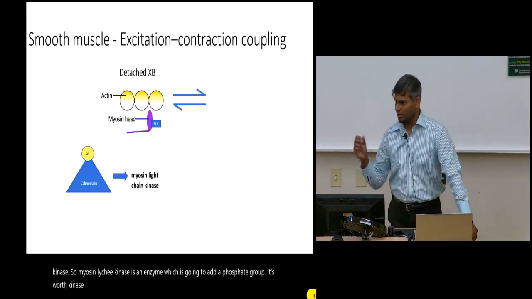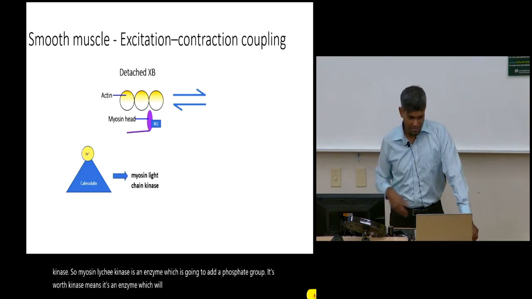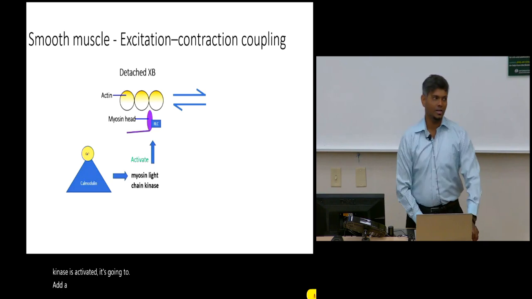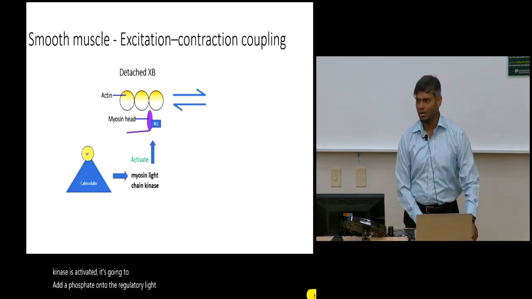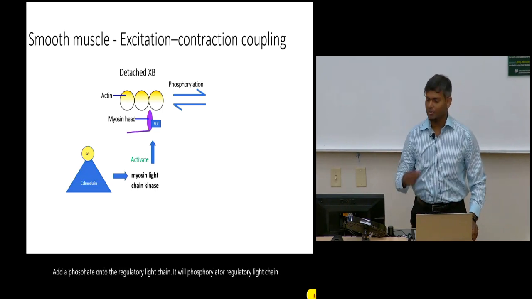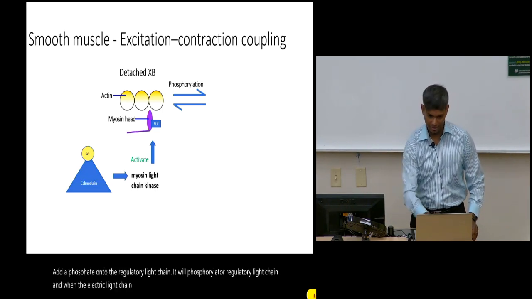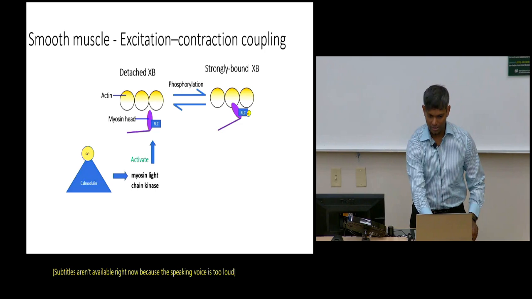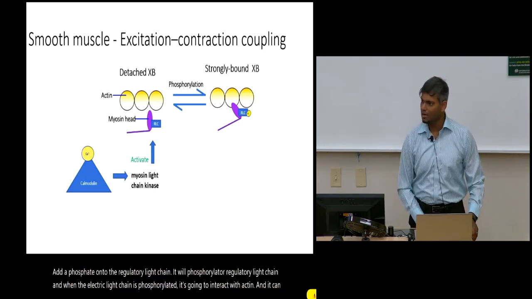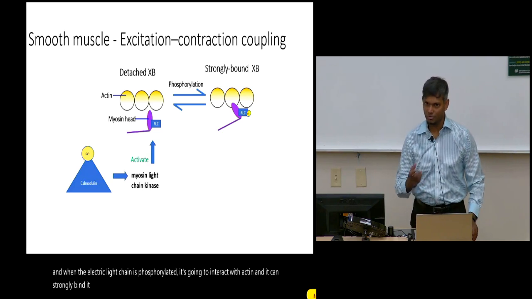It's an enzyme which will phosphorylate certain amino acids, and when this kinase is activated, it's going to add a phosphate onto the regulatory light chain. It will phosphorylate the regulatory light chain, and when the regulatory light chain is phosphorylated, it's going to interact with actin, and it can strongly bind and produce the force.